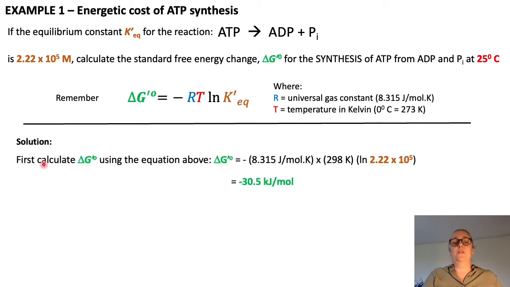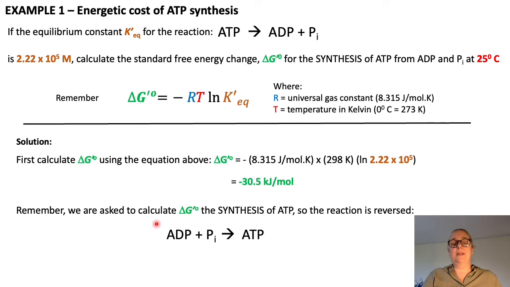So the solution is to first calculate the free energy change using the equation above. So free energy change equals minus, in brackets, 8.315, which is the gas constant, times the temperature in Kelvin, so 25 degrees is 298 Kelvin, and then times ln of the concentration, 2.22 times 10 to the 5, equals minus 30.5 kilojoules per mole.